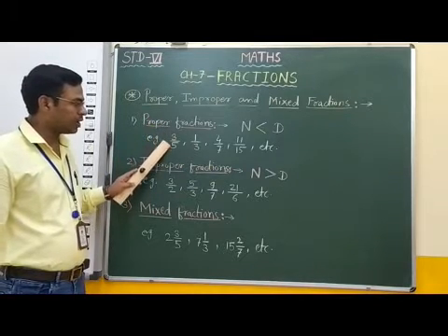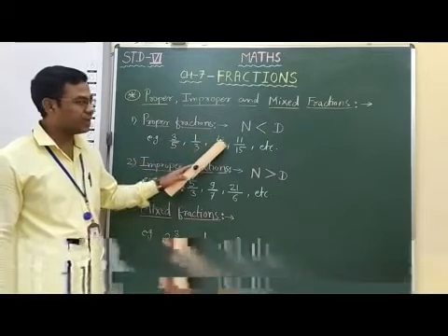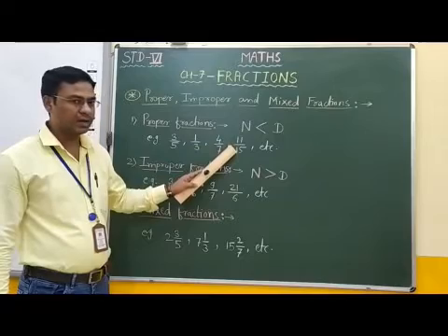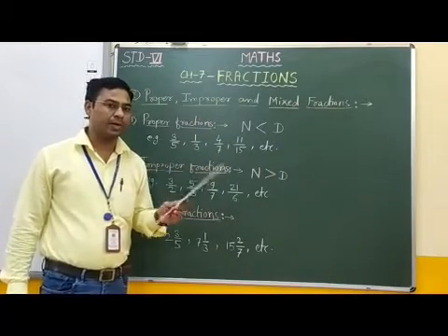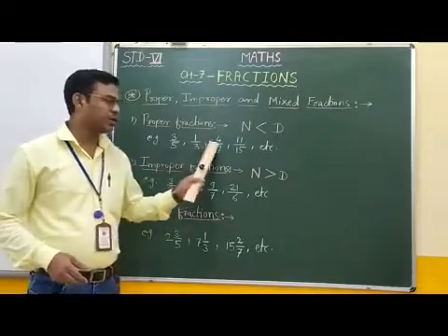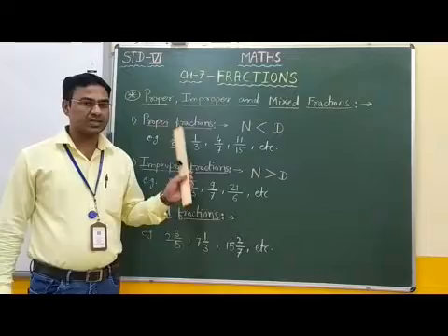Here 3 is smaller than 5, 1 is smaller than 3, 4 is smaller than 7, 11 is smaller than 15. Therefore these fractions are called proper fractions.